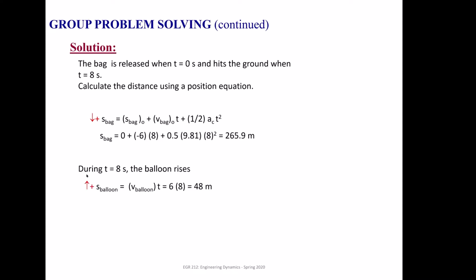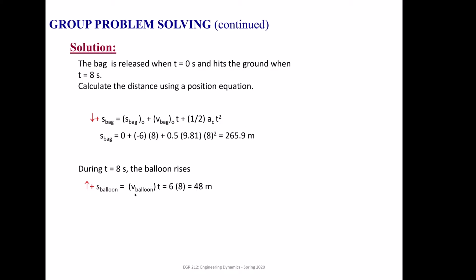Okay. So now, one of the things defined in the problem is that the balloon is rising at a constant rate, right? So there's no acceleration. So for the distance that the balloon has traveled, we could just change the direction here. We can say it's going positive up, right? It really matters how we define it at the end, because we're going to have this distance and this distance put together.